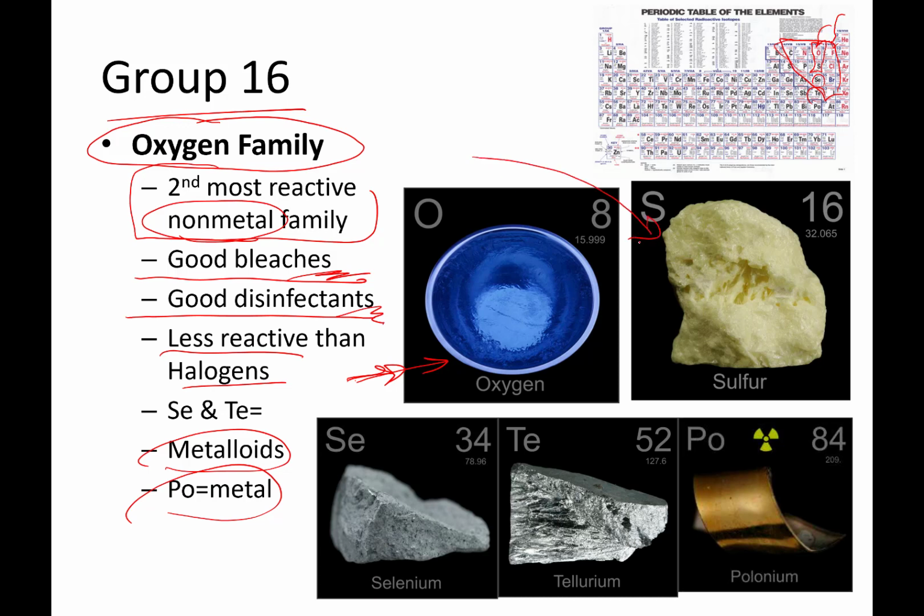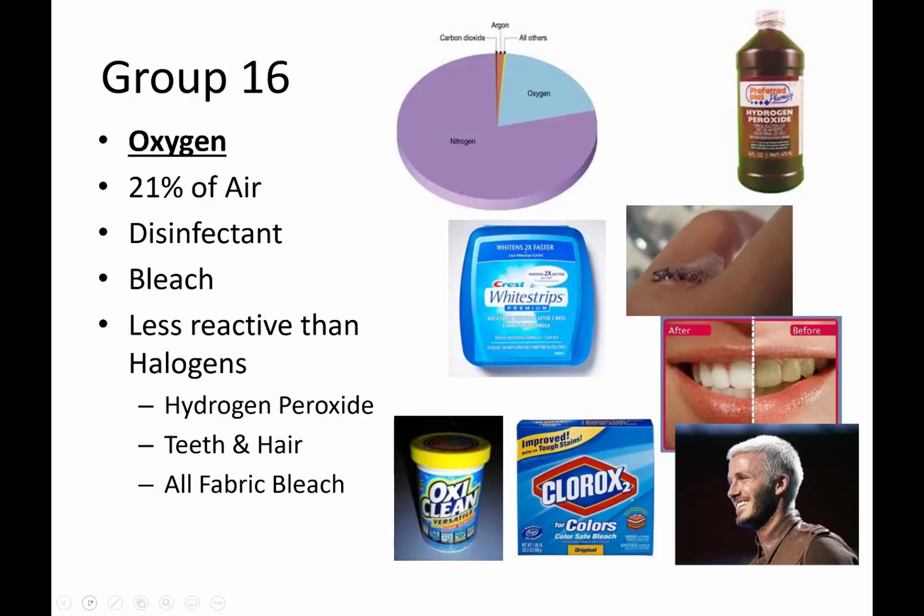Sulfur in its pure solid form is a lovely yellow color. Selenium, tellurium both look like gray rocks, nothing terribly exciting. And polonium, the bottom of the family, is a highly radioactive element named by Madame Curie for her home country of Poland. So let's talk about oxygen.